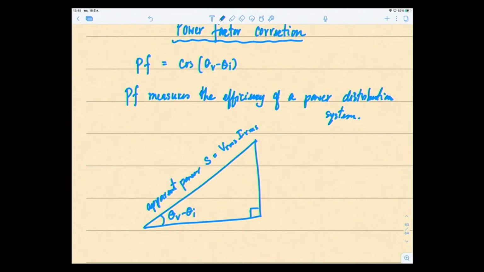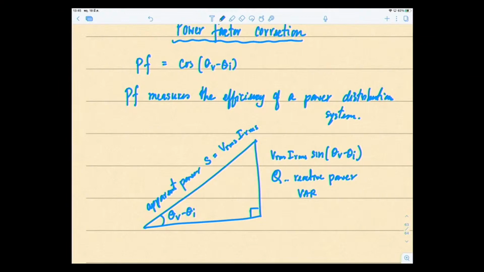So if you use your trigonometry knowledge from middle school, you will find that the side opposite the angle is VRMS IRMS sine theta V minus theta I, which is nothing but the formula for your Q, or your reactive power. The unit is var, volt amp reactive.